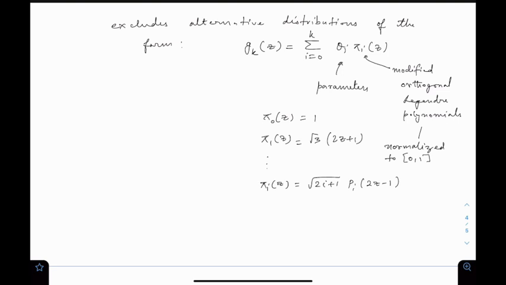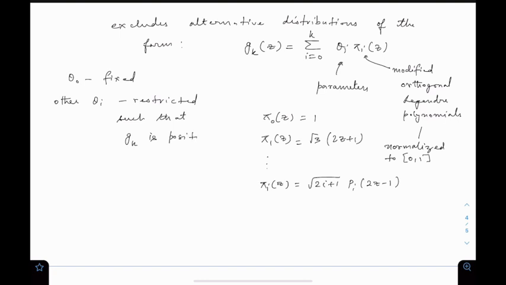The first parameter, theta 0, is fixed. And other theta i are restricted such that g_k is positive. Then the user has to choose the parameter k, which limits the degrees of the polynomials.